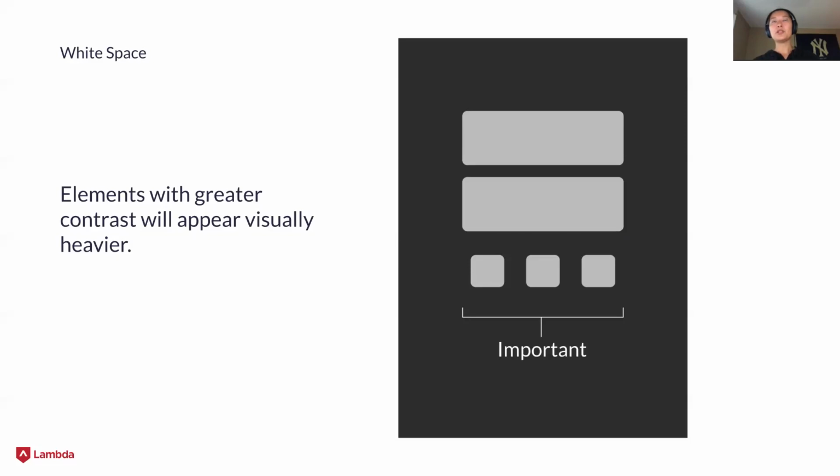We would probably use size to draw the user into the hero image to provide a UVP, a unique value proposition. And so that might be an area where we focus on size. And then gradually as they go towards the bottom of the page and they learn more about it, maybe we would focus more on white space, just because the elements are smaller and we deem those pieces of information less important than the overall header.